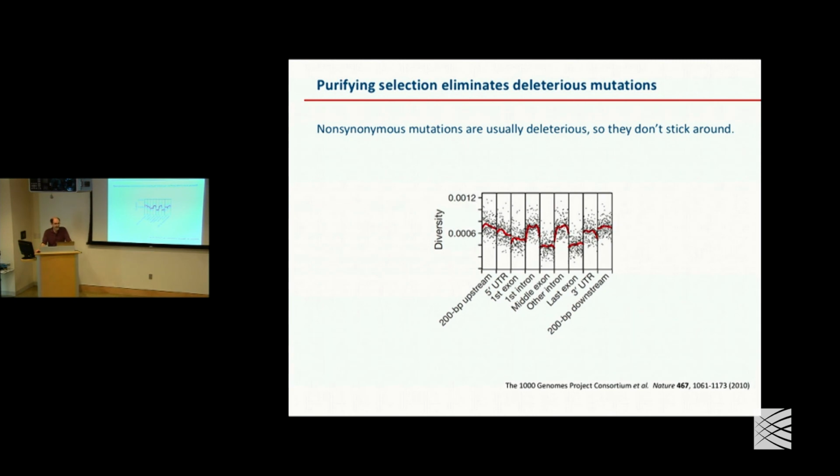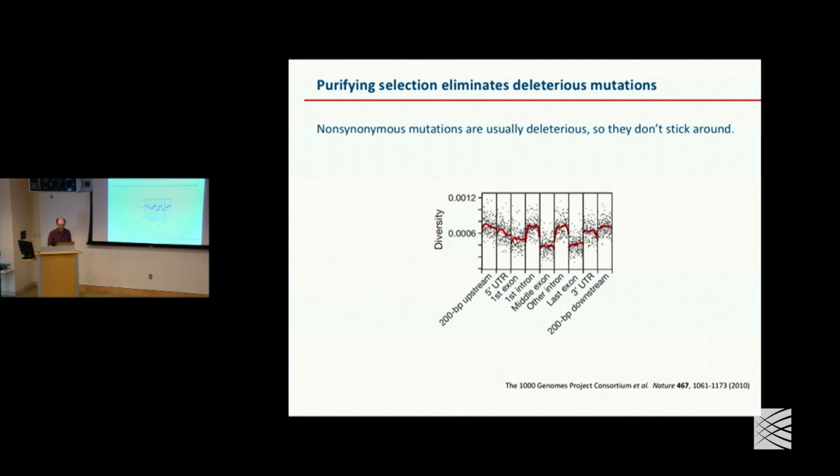It's easy to see the effect if you just look at genes across the genome. This is from 1,000 genomes data, and they've summed across all the genes. And here it's broken down into upstream of the gene, the first coding exon, first intron, and what's measured here is just genetic diversity across the 1,000 genomes population.